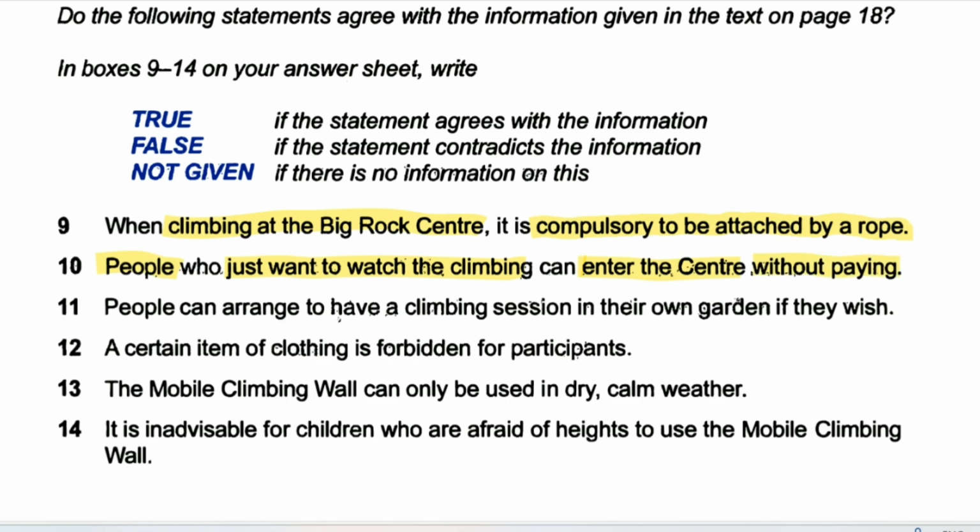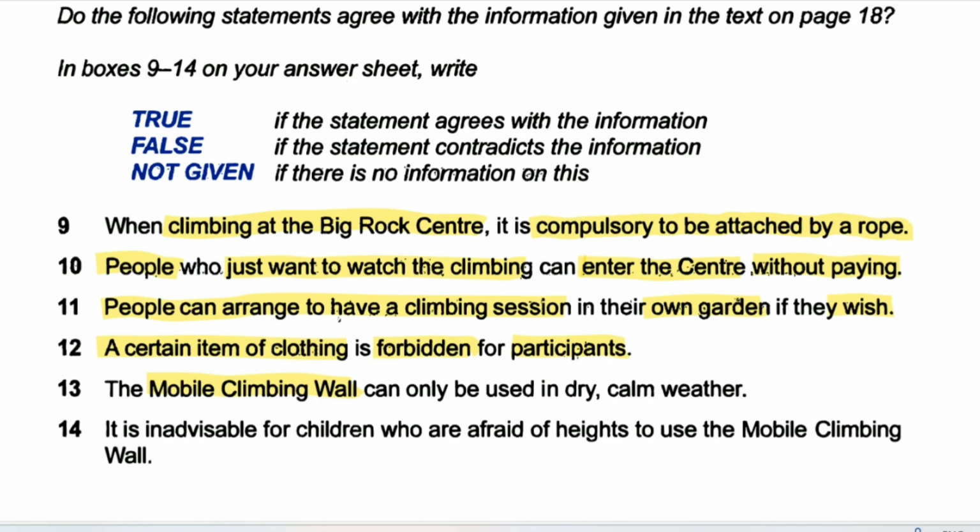Question number 11. People can arrange to have a climbing session in their own garden if they wish. Alright. Question number 12. A certain item of clothing is forbidden for participants. Question number 13. The mobile climbing wall, you can see it's a name. M is capitalized, C is capitalized, even W is capitalized.